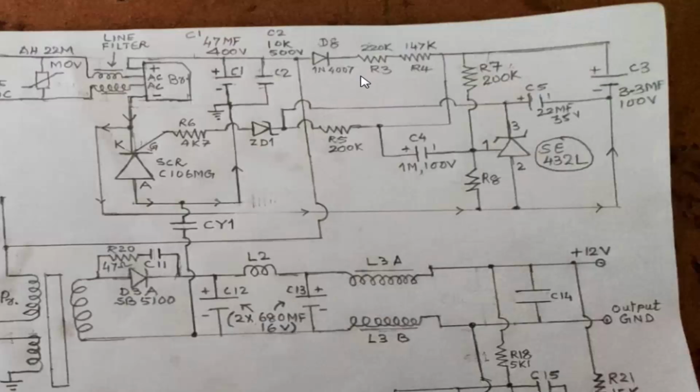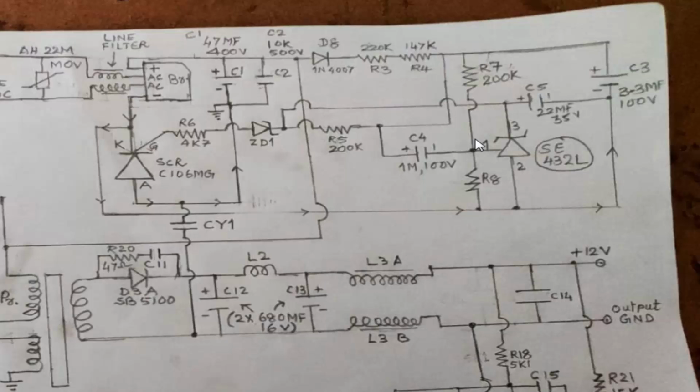It will charge at a limited voltage. What will the voltage level be? Here are some resistors, R3, R4, very high value, 220k and 147k. So it will drop the voltage, and the voltage will charge this capacitor to about 20 volt, 30 volt, like this.